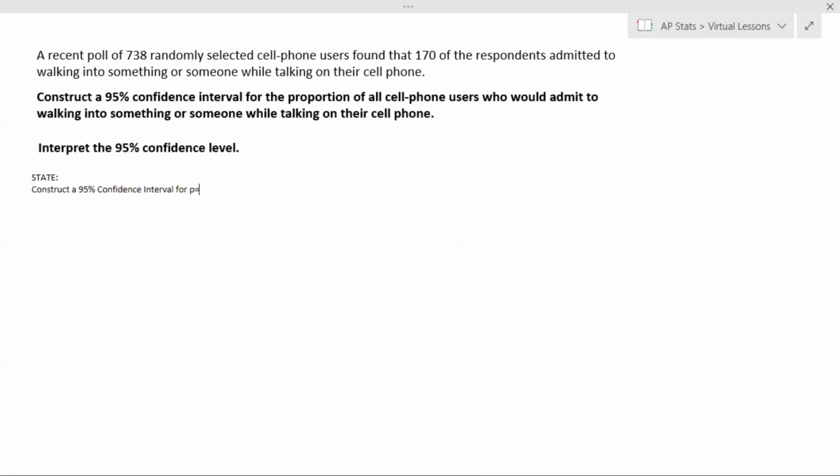So in context, we need to say what P is, and that is the proportion of all cell phone users who would admit to walking into something or someone while talking on their cell phone.